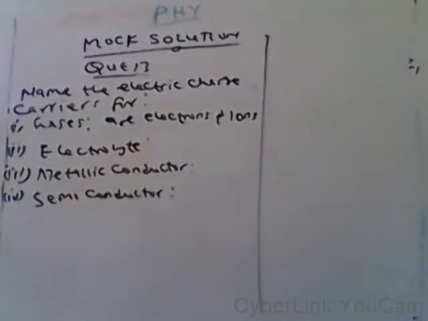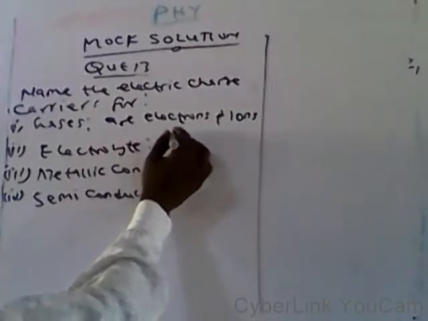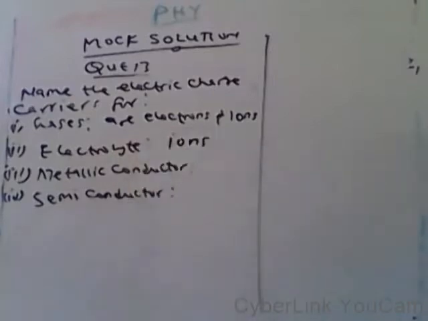For Roman figure 2, electrolytes, the electric charge carriers are only ions. Don't forget, when electricity passes through an electrolyte, it decomposes into its constituent ions, and those ions will be either anions or cations.